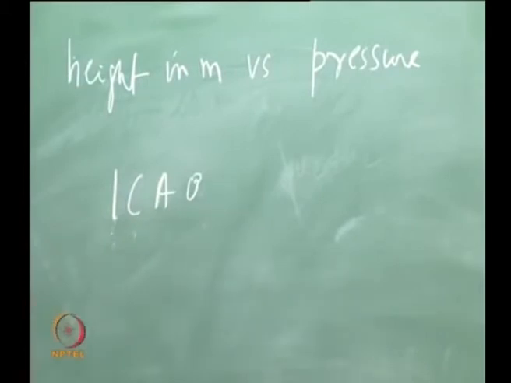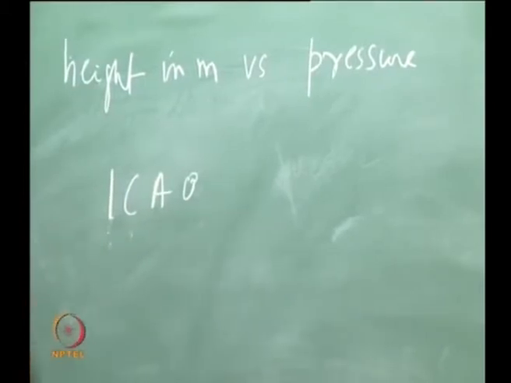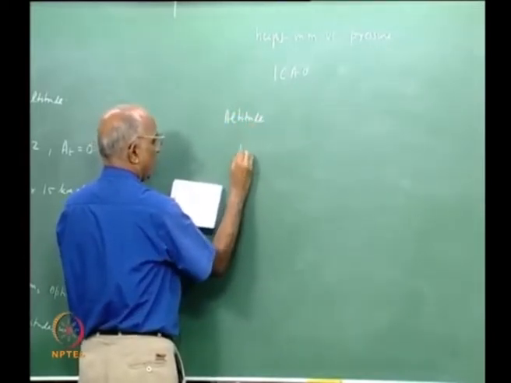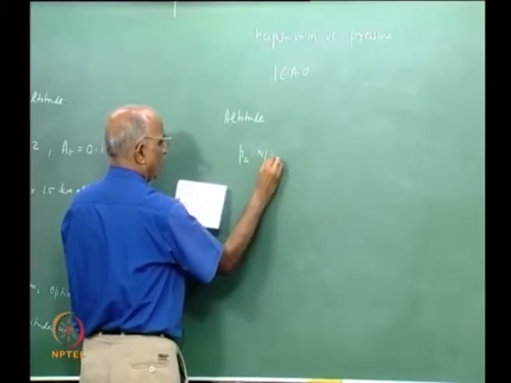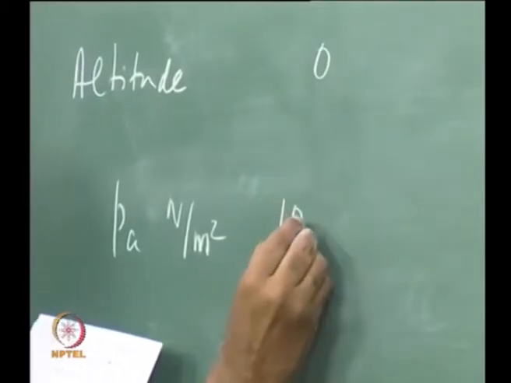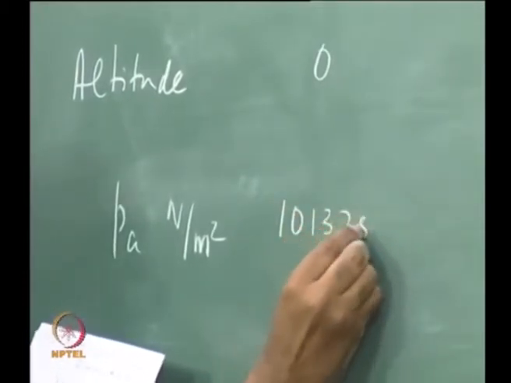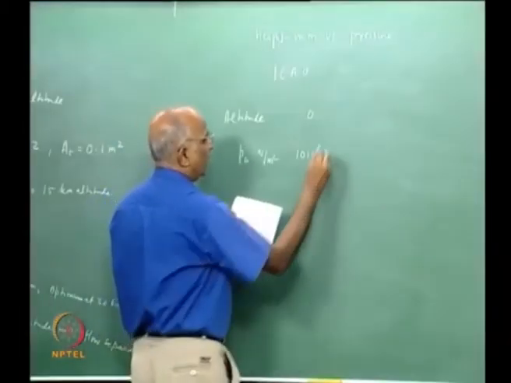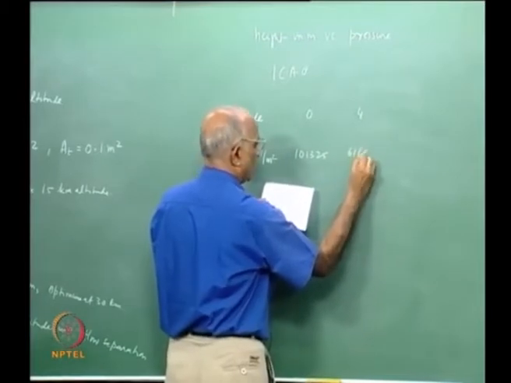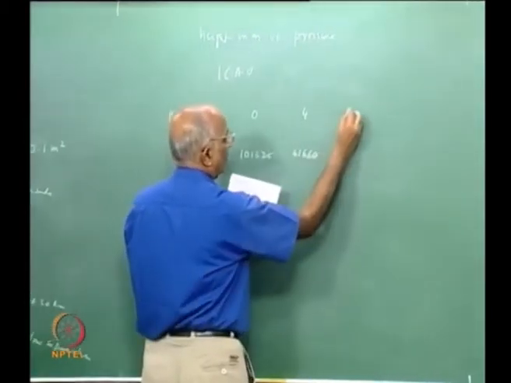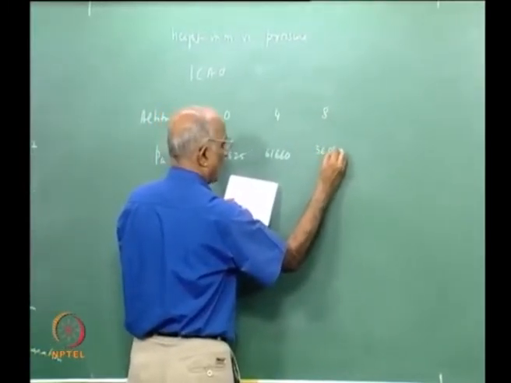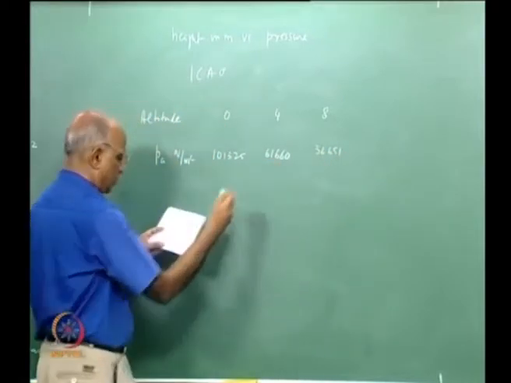These give some standards, and they will tell you the altitude versus the ambient pressure in Newton per meter square. At sea level the pressure is 101325 Newton per meter square. If the altitude is 4 kilometers, the value is 61660. If the altitude is 8 kilometers, the value is 36651. You see the value keeps decreasing.